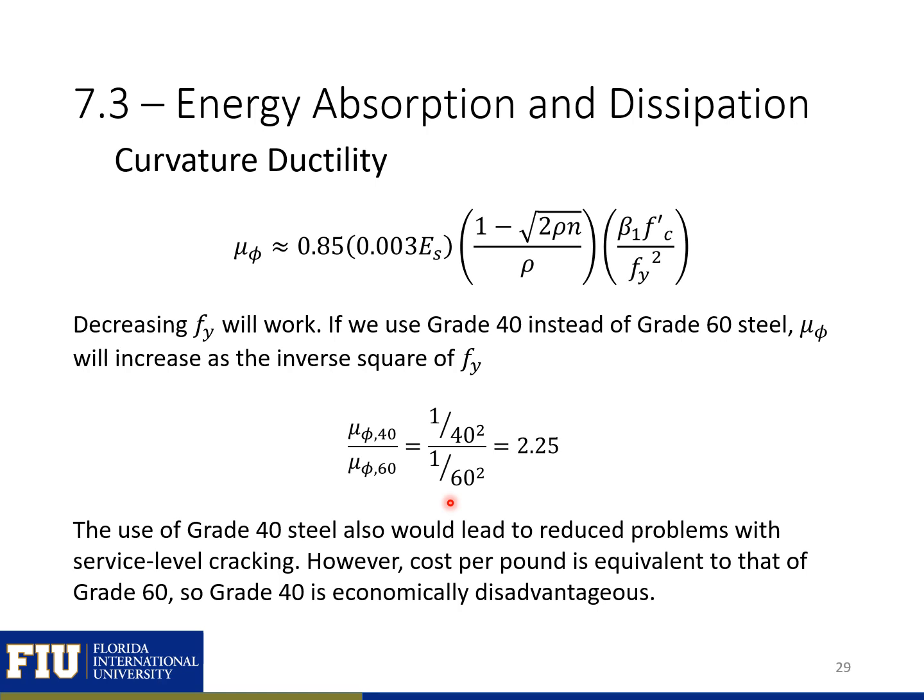And again, similar problem to our reinforcement ratio, we still need to provide enough strength in our section. So decreasing our grade of steel, which decreases our yield strength, can often lead to more steel being required to satisfy other design limits.